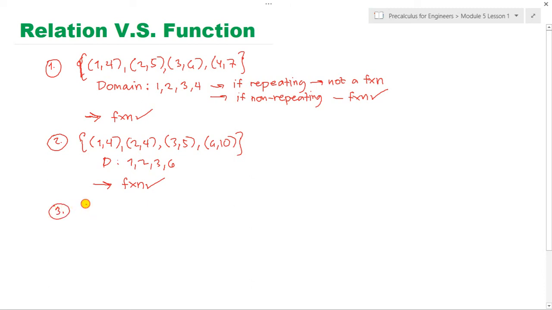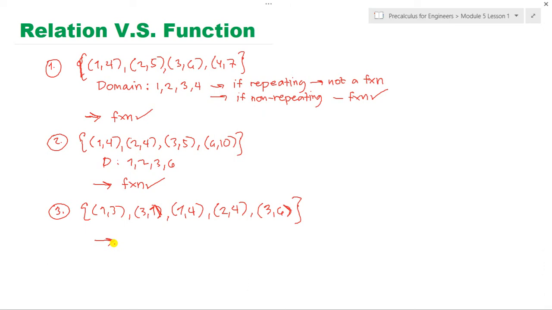Let's say you have ordered pairs of 1 and 3, then 3 and 1, and the next is 1 and 4, then 2 and 4, then the last one is 3 and 6. What is your judgment, class? Is this a function or not?